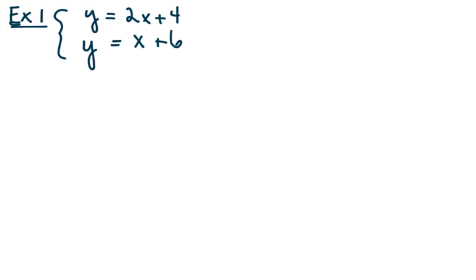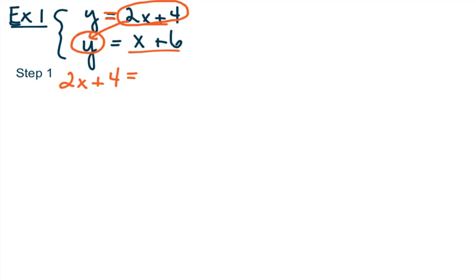Alright, so step 1, we are going to take this value for y, because that's what y equals, and we're going to put it in for that y, because y is 2x plus 4. So when I substitute that in for the y, we get 2x plus 4 is equal to x plus 6.